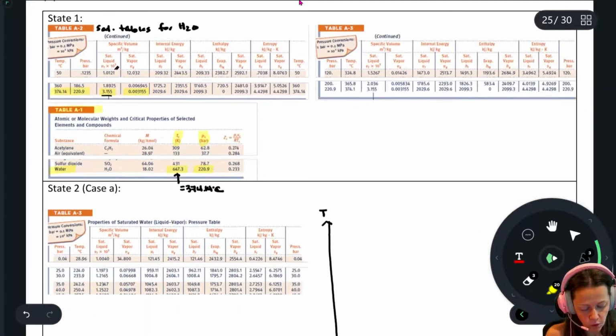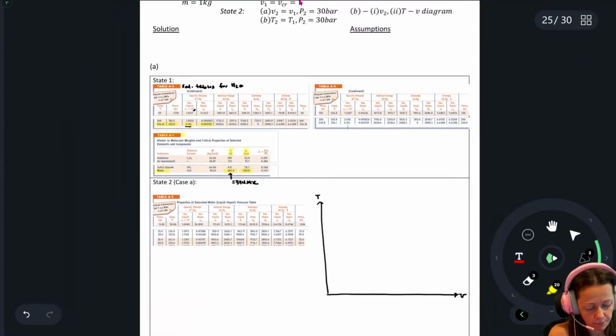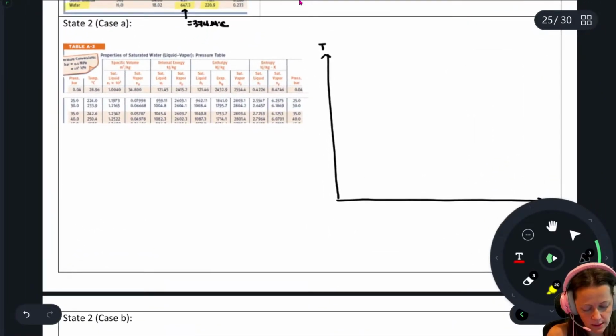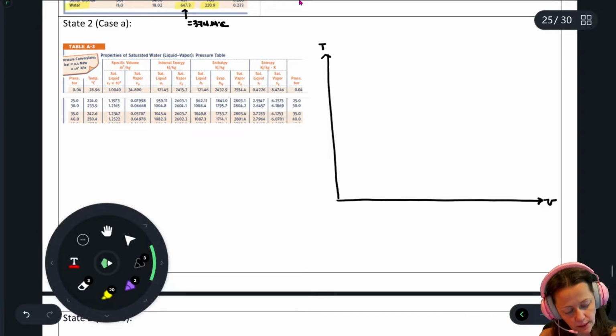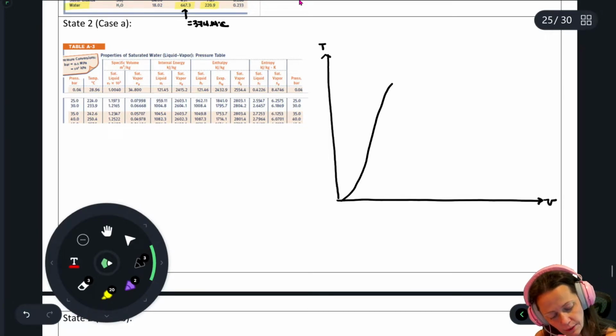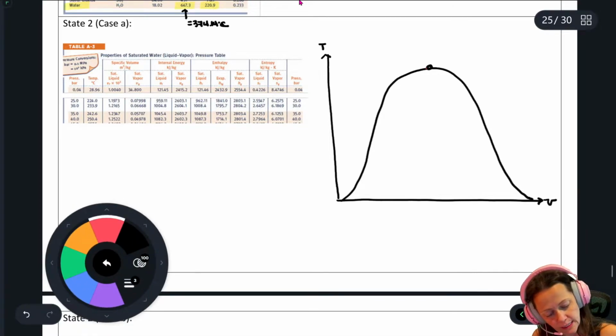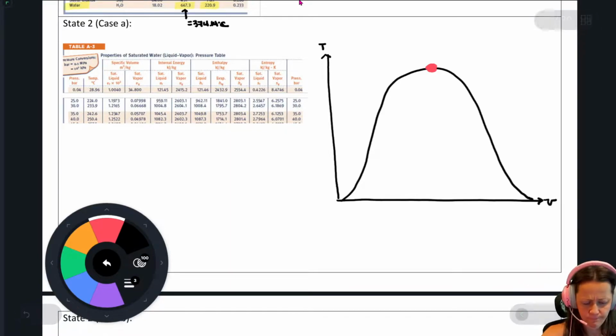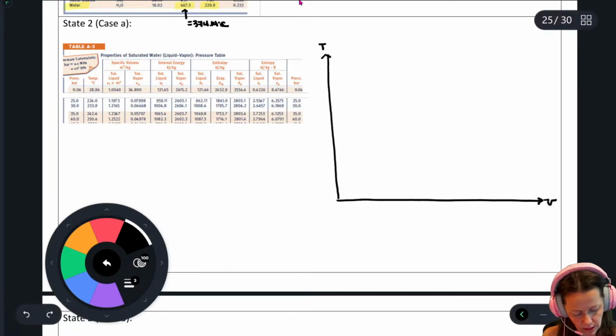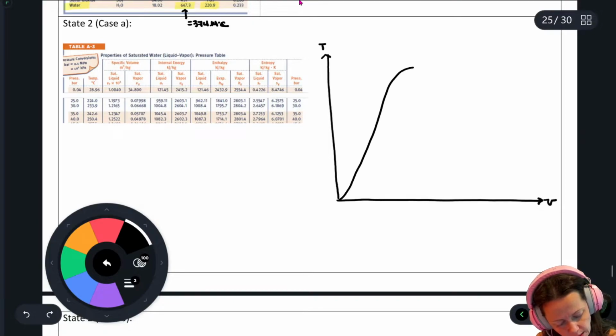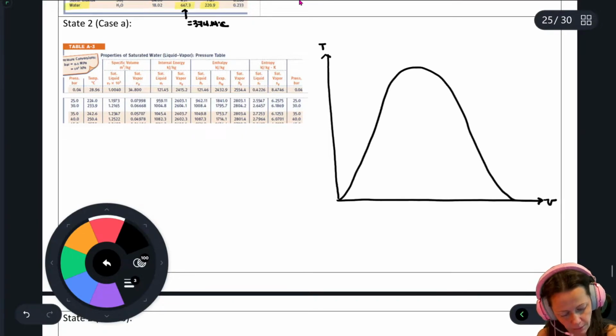If I look at it on a T-v diagram, let's come over here. So here's my T-v diagram. I'm actually going to draw it in red. It's this topmost part. Actually, I'm not loving how I drew that. Let me make it obvious that there is a pinnacle. There we go. So here's my state one.